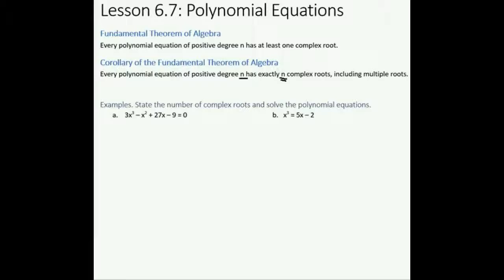So let's just jump right into these examples here. This first one says, state the number of complex roots and solve the polynomial equations. As we look at this first one, we notice the degree of this is 3, which means that's how many complex roots there will be. So there'll be 3 complex roots.